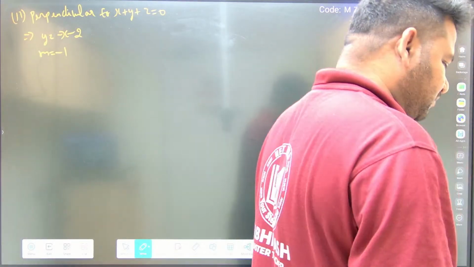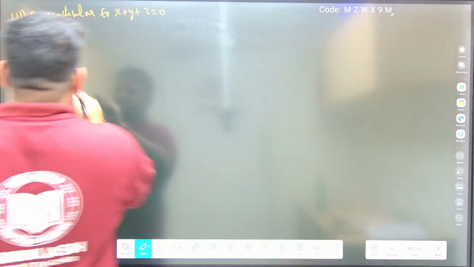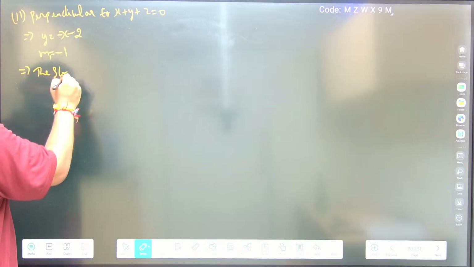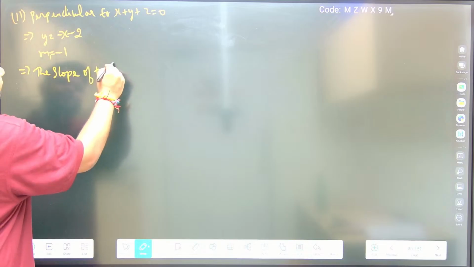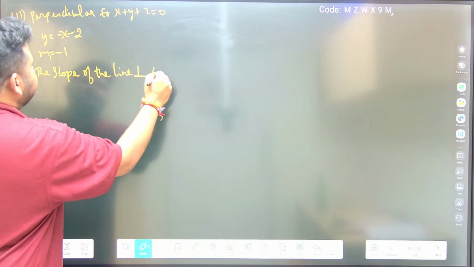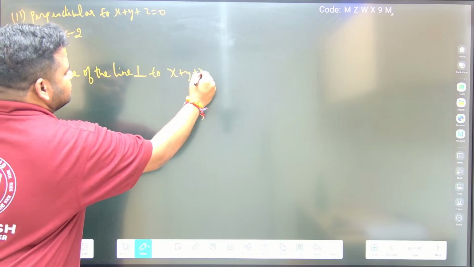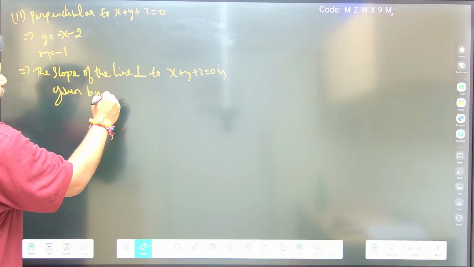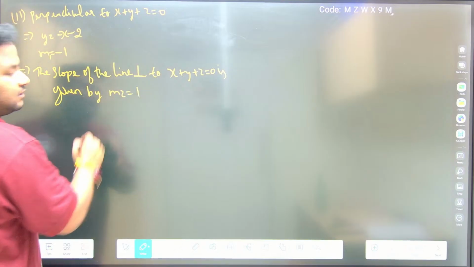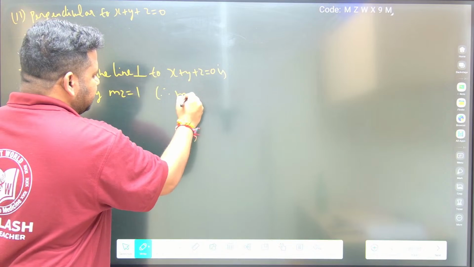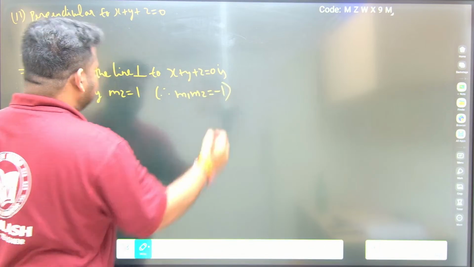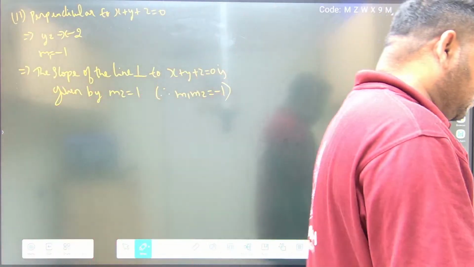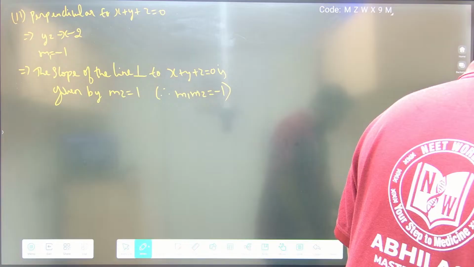The slope of the line perpendicular to x plus y plus 2 is equal to 0 is given by m2 is equal to plus 1. Why? Because m1 m2 is equal to minus 1. If this is minus 1, this should be plus 1.